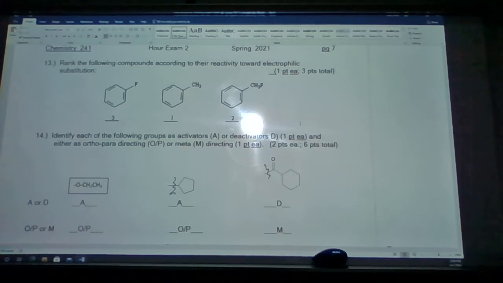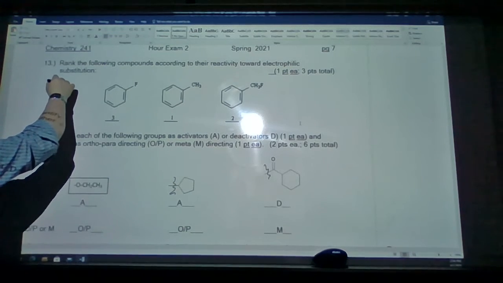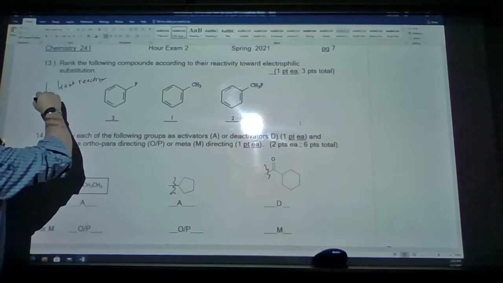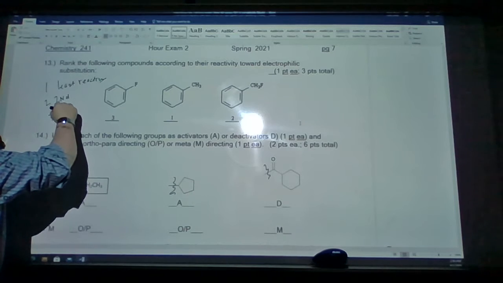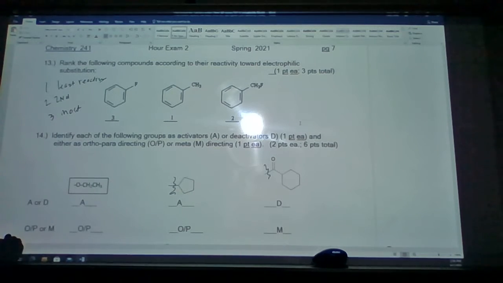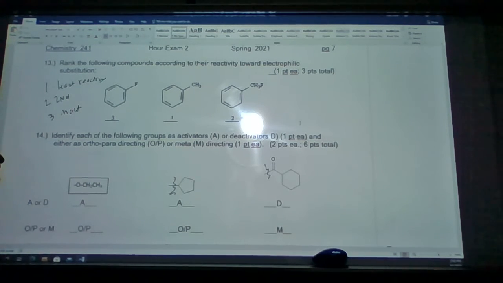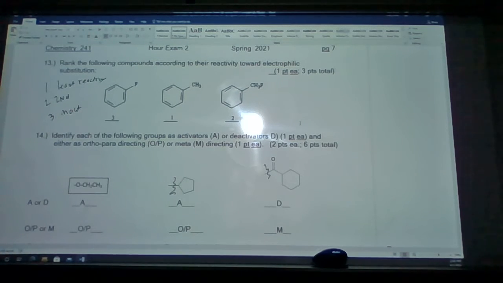Here we are looking at 1, least reactive, 2, second, and 3, most. So we're looking at how fast these react towards electrophilic aromatic substitution based on basically what's attached to the ring.